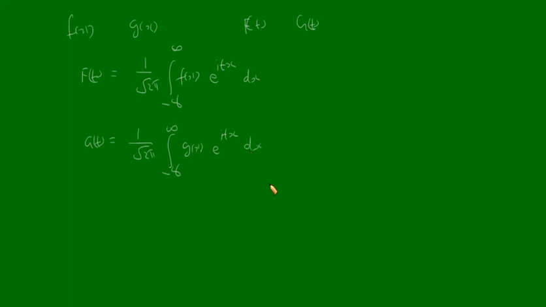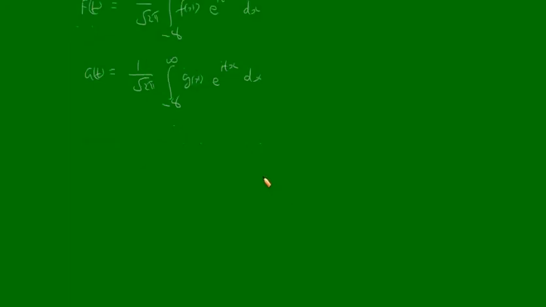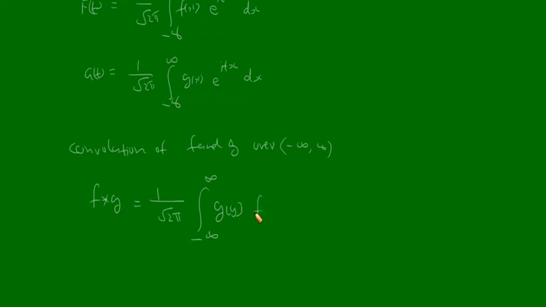Then we define the convolution of f and g over an interval minus infinity to infinity as f star g, or f convolution g, equal to 1 by root 2 pi, integral from minus infinity to infinity g of y into f of x minus y dy.